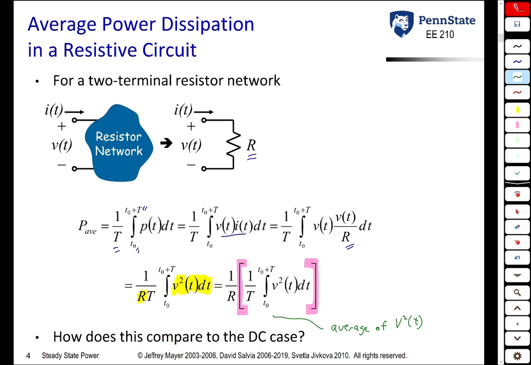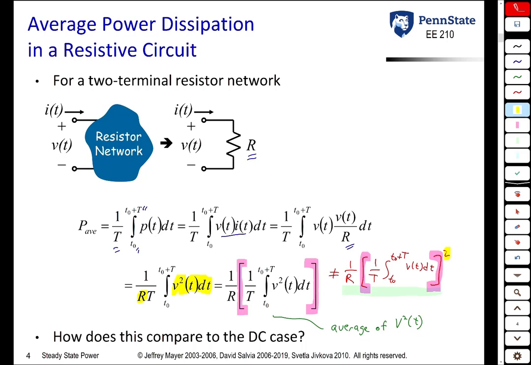But an important point here is this is not the same as 1 over R times the average voltage squared. So once again, this would be the average voltage squared.